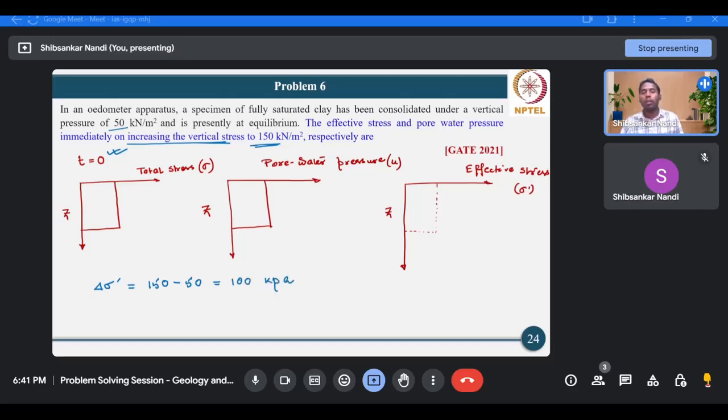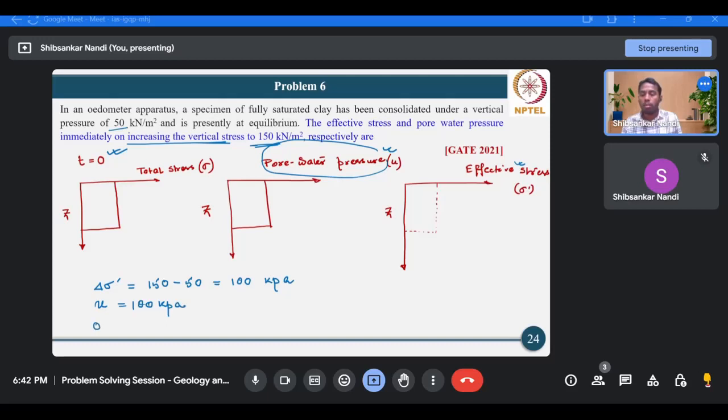Now immediately after increasing this vertical stress, this 100 kPa will be solely taken by the pore water pressure. Okay, nothing by the soil to soil contact. So therefore the pore water pressure u would be 100 kPa.